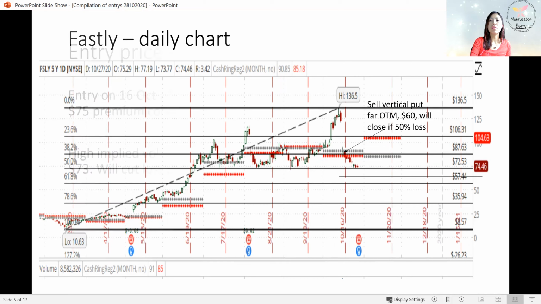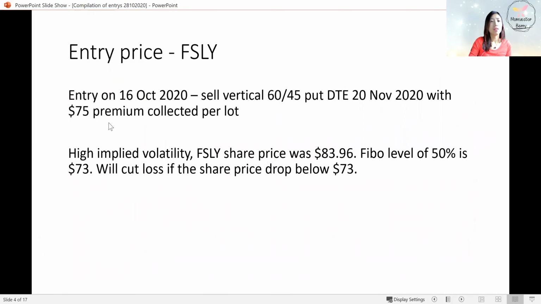Because the premium that I've collected is $75, if my P&L is at a loss of $140, that is where I need to cut loss already. Okay.